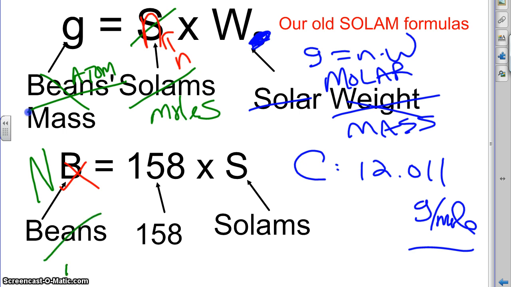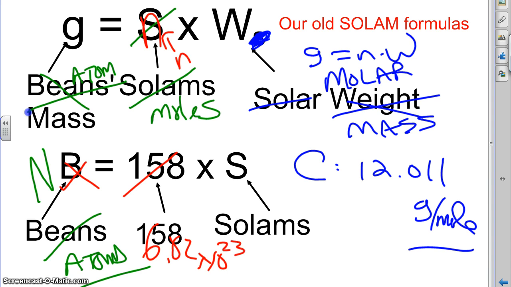Whenever we're counting atoms or molecules, we symbolize that number of things, however many there are, with a capital N. And as we saw before, the 6.02 times 10 to the 23rd is no longer 158, but now we're going to symbolize that with a capital A. And of course, instead of SOLAMs, we're going to be using moles, or lowercase n. And so that's how it all changes.